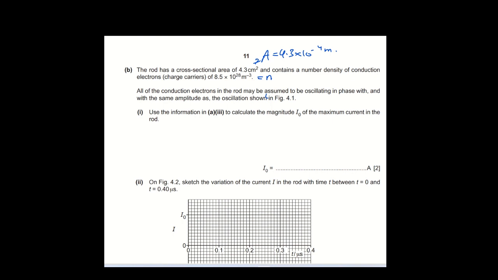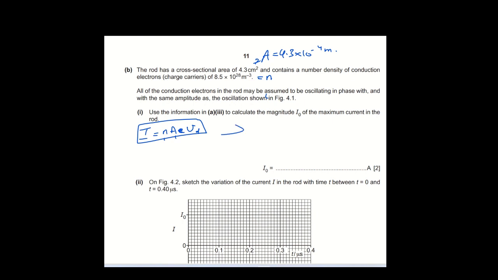All of the conduction electrons may be assumed to be oscillating in phase with the same amplitude. We have to calculate I naught, the maximum current. So drift velocity is given, and we know there is a relation between current and drift velocity, that is I is equal to nAe vD, where n is the number density of charge carriers, A is area, e is the fundamental charge of an electron, vD is the drift velocity.